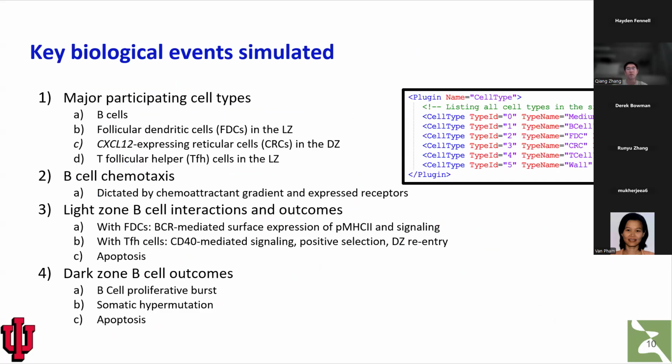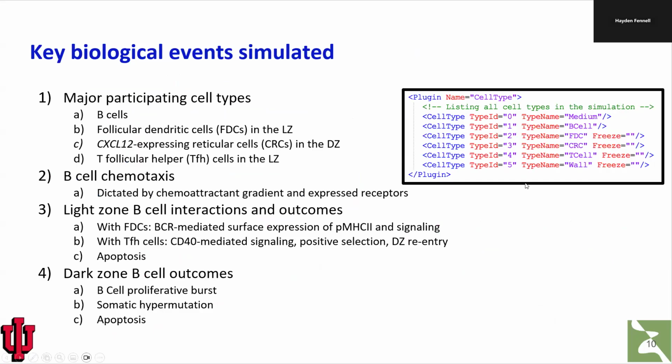All right, so here, when we do a model, we try to keep the model as simple as possible and sufficiently complex so it serves our purpose. For this particular model, we're capturing these key biological events.